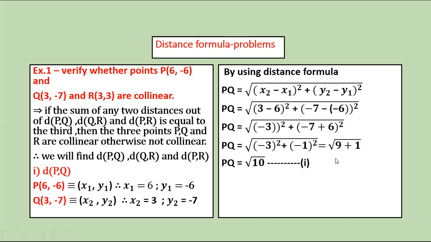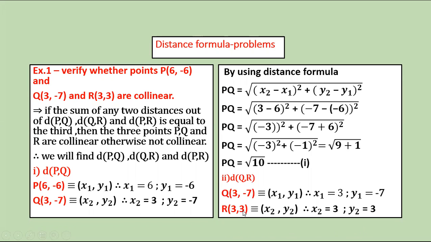Similarly, to find distance QR. The point Q(3, -7) is considered as (x1, y1). Therefore x1 is equal to 3, y1 is equal to -7. And the point R(3, 3) is considered as (x2, y2). Therefore x2 is equal to 3, y2 is equal to 3.